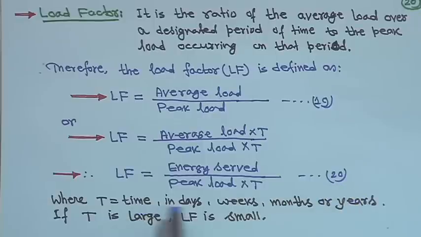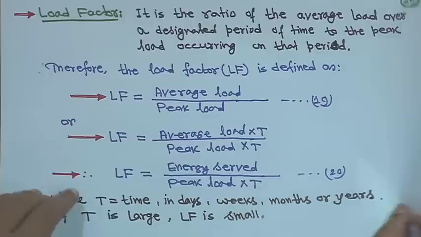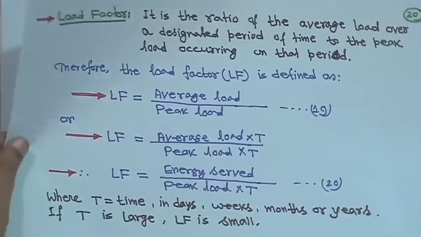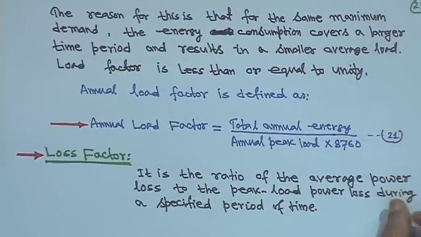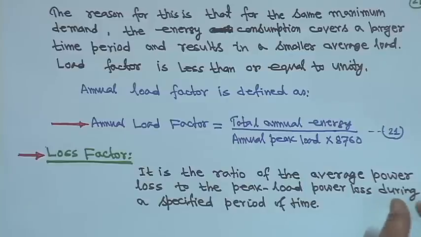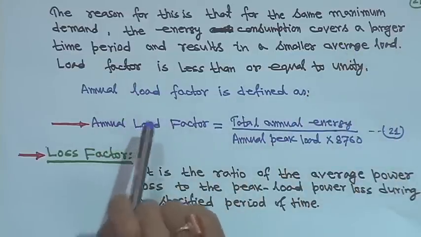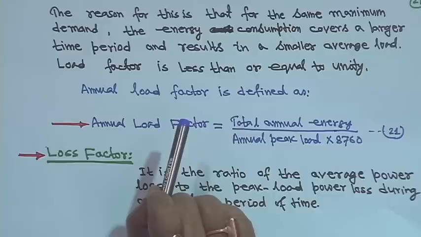T is time; it may be in days, weeks, months or years. If T is large, load factor is small. For a large T, generally you will find that load factor is small. The reason is that for the same maximum demand, the energy consumption covers a larger time period and results in a smaller average load.